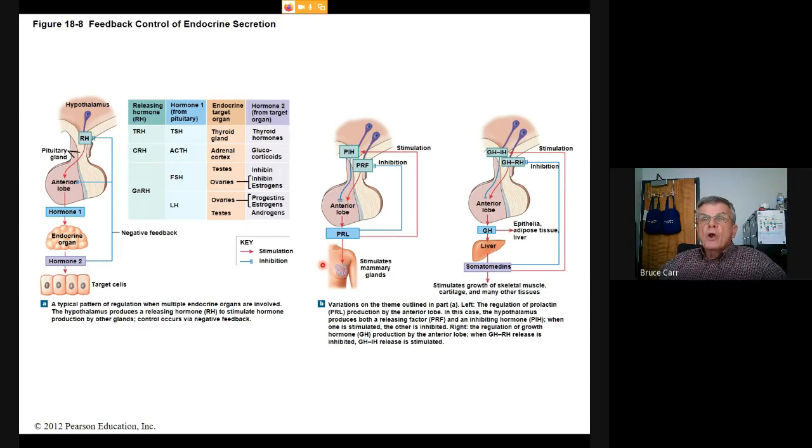Think about this. Whereas most things like growth or thyroid levels are a constant thing, you really only produce prolactin when you're approaching late term pregnancy, and your body is sort of building up to that grand event of birth, and it's at that point you want the milk to be produced.